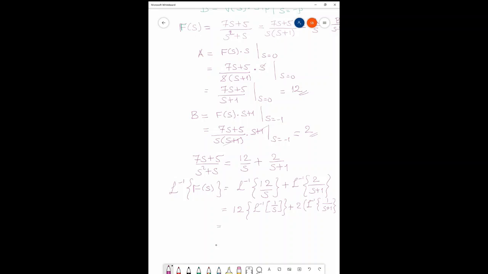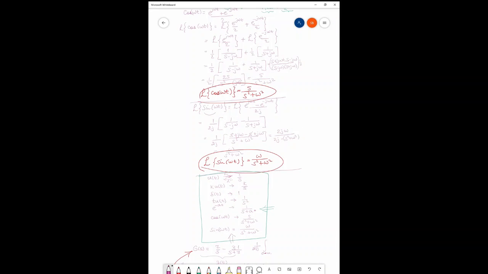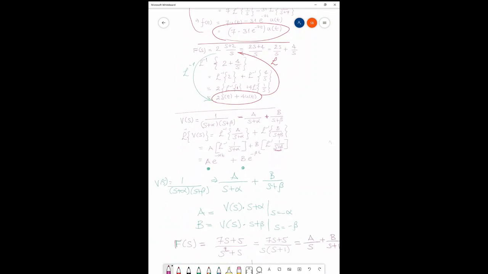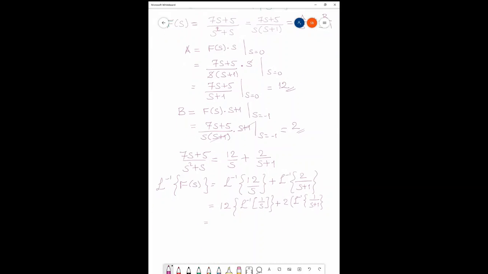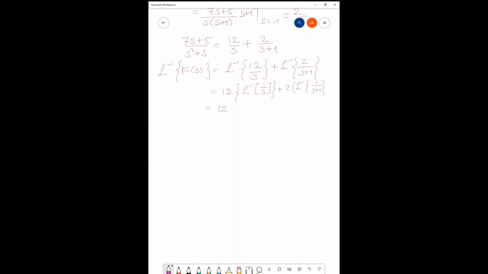You already know the answer, right? 1 over s, if we go back to our table, you remember here 1 over s is u at t, and 1 over s plus a is e raised to minus at. Therefore, here we have 5 multiplied by 1 over s is u at t, plus here we have 2 times e raised to minus t u at t.